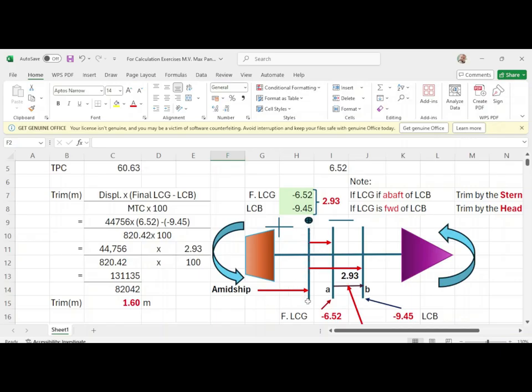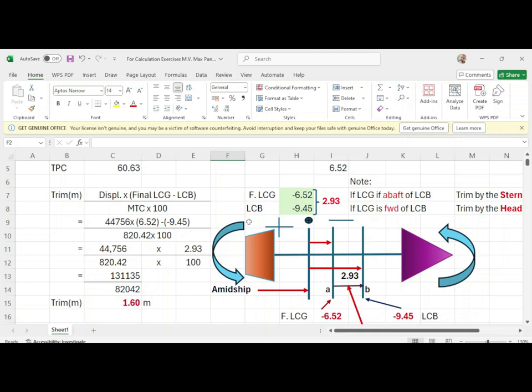So from amidship, you measure going forward about 6.52 meters. So this line is your final LCG of 6.52. From amidship, you measure 6.52, and this will be your LCG.